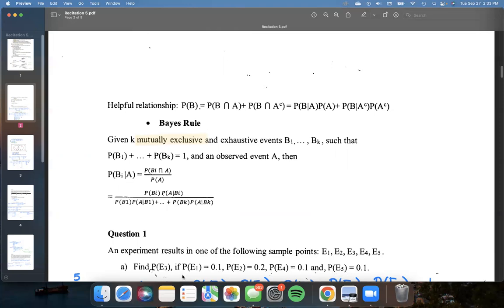When I'm first trying to figure this out, the one property I'm going to keep in mind is that if I add all of the probabilities, the probability of E1 plus the probability of E2 all the way to E5, that should equal 1.